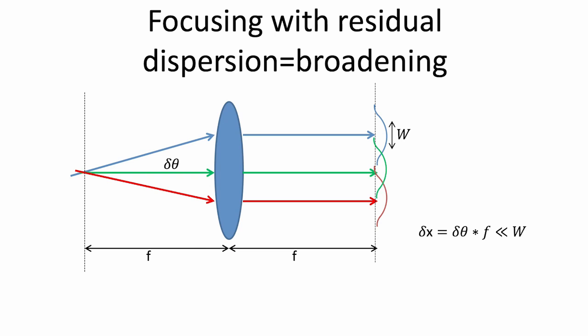So you will have a spatial walk-off, delta x, that will be the angular error multiplied by the focal distance. And this number has to be much smaller than your beam width at your focal point. Otherwise, you will have a reduced bandwidth and your pulse will broaden.